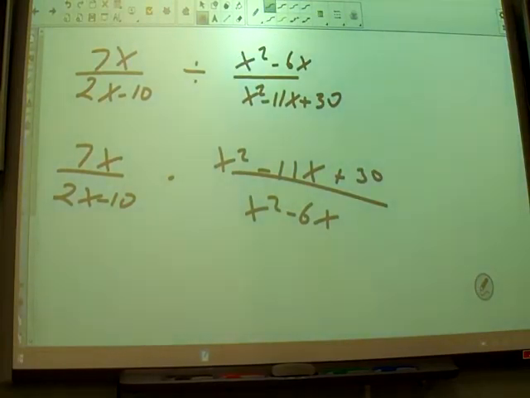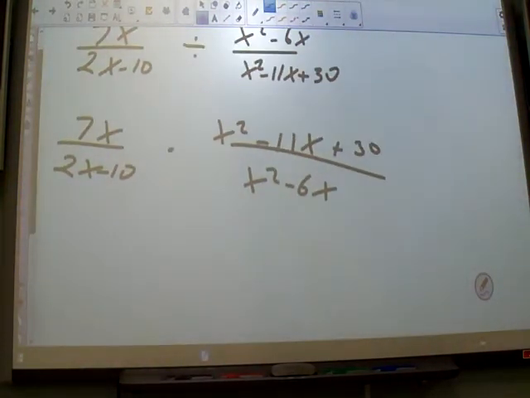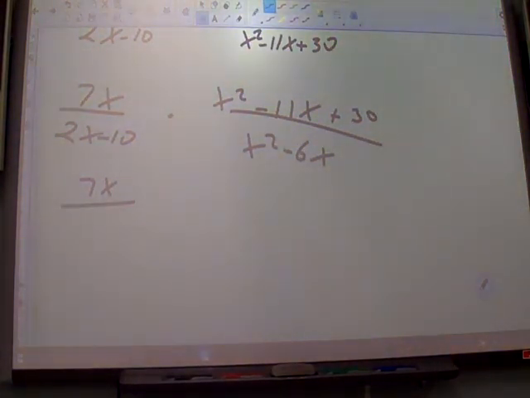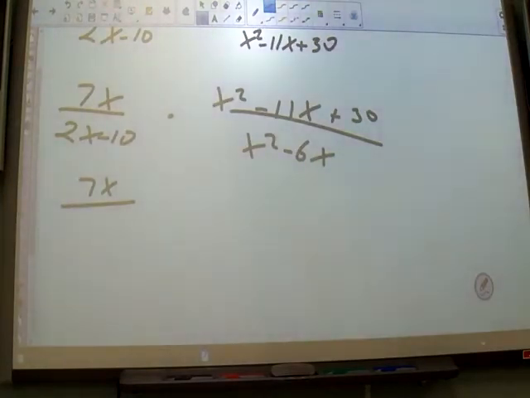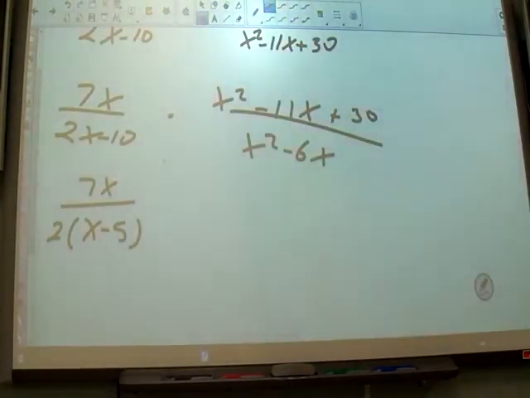So on the left, 7x. Does that break down? No, it's just plain old 7x, so I'm going to leave that. What about 2x minus 10? Take a 2 out. Leaves you with an x minus 5. Most of the time, if it's not a difference of squares, you're going to take a GCF out.